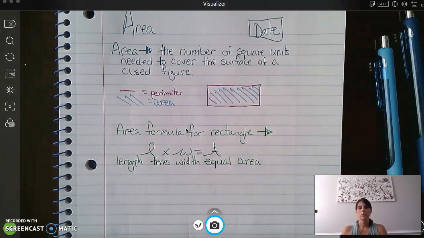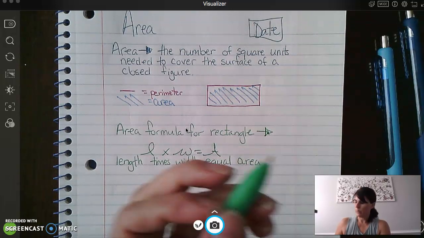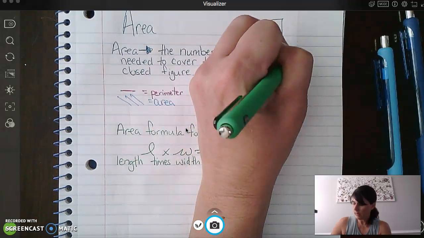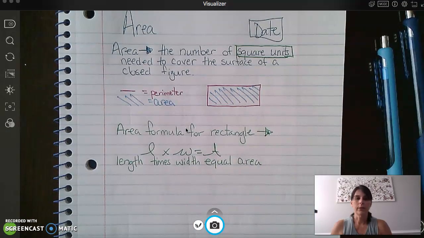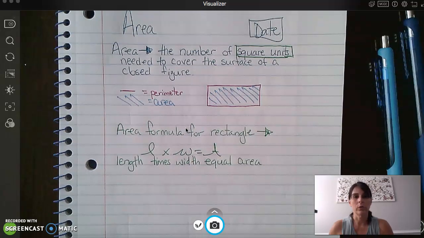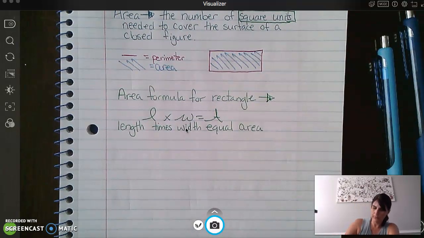Okay. So when we are finding the area of a rectangle, we're going to multiply the length times the width. And remember, we are working in square units up here in the definition. Remember, if I write something, you write something. So go ahead and draw a box around those words so that they stand out to you later. Okay, so let's do some examples.